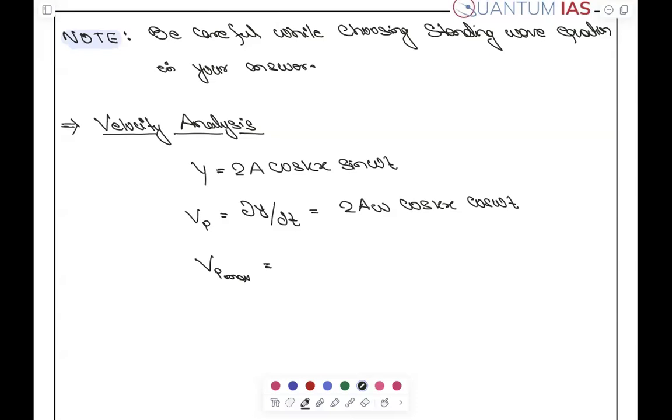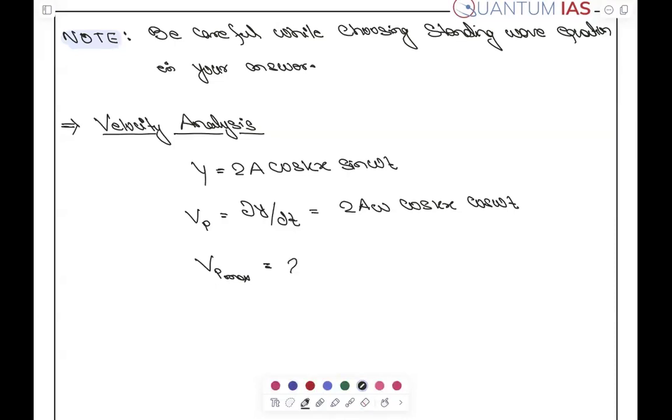Two a omega cos kx. The VP max will be equal to 2a omega cos kx.